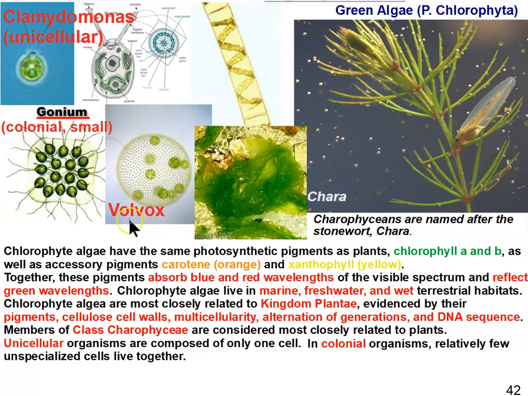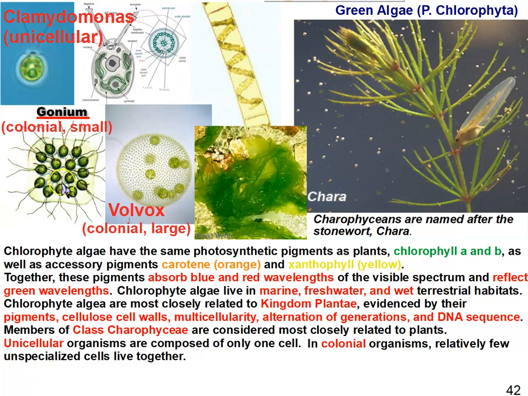Volvox, if you'll recall Volvox from our lab also, it's a large colony of cells. So one thing that makes something multicellular is the number of cells. So you see here an increase in the number of cells making up individual organisms. Chlamydomonas here is an individual organism, has only one cell.